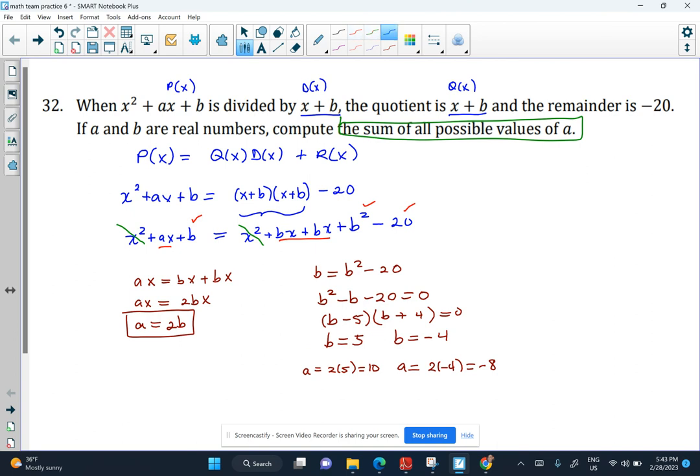Remember, your answers are single integer values. So all I need to do is add 10 and negative 8 together, and I get the correct answer: the sum of a is 2.